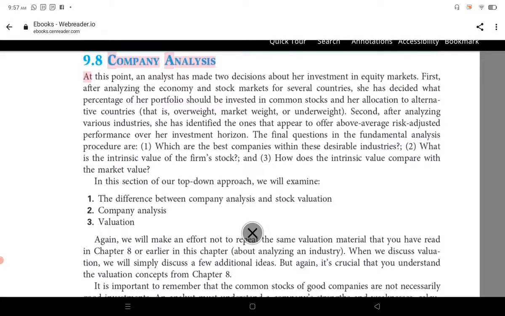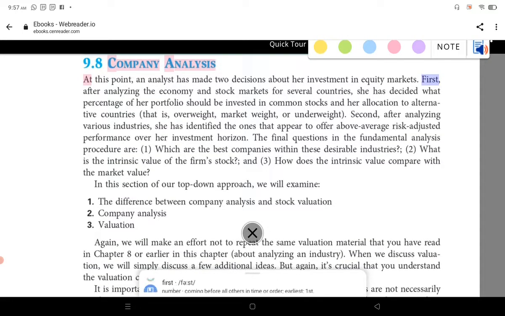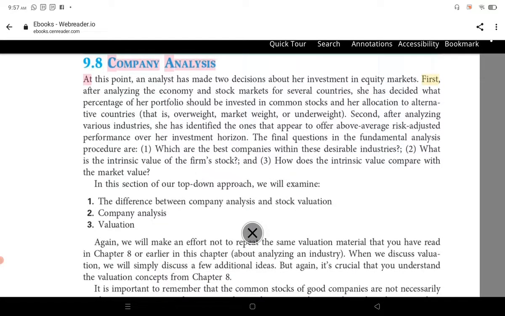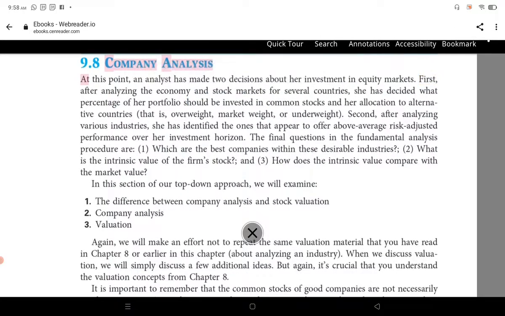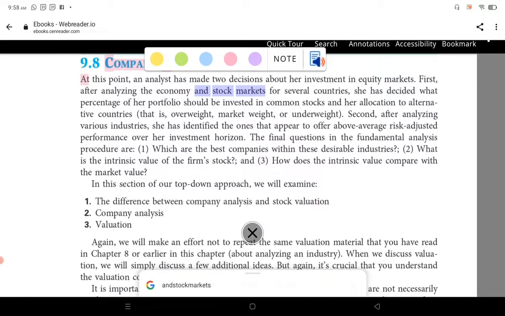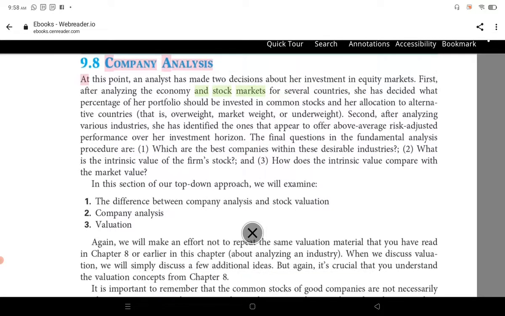She has decided what percentage of her portfolio should be invested in common stock, and her allocation to alternative countries is overweight, market weight and underweight.